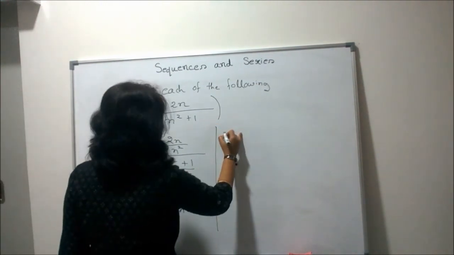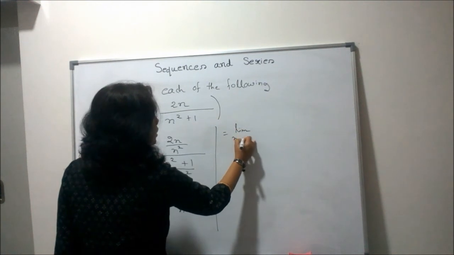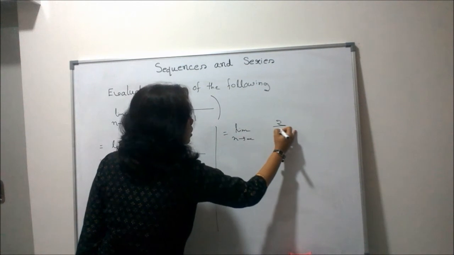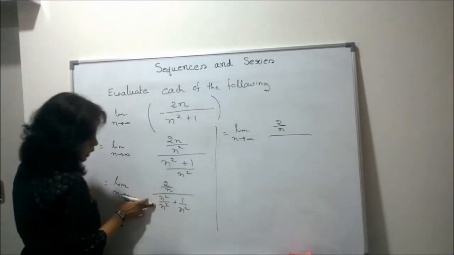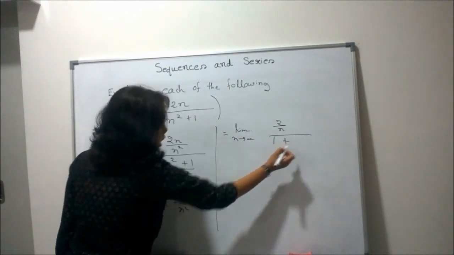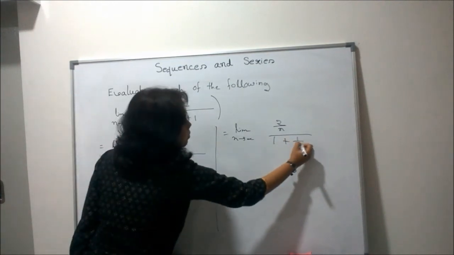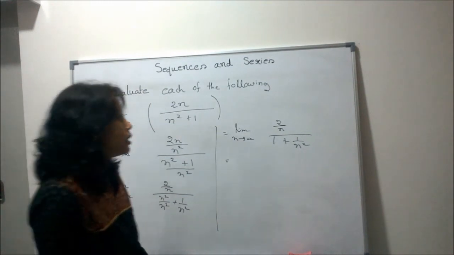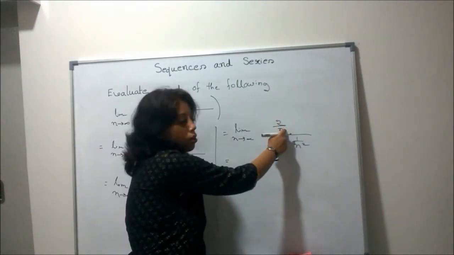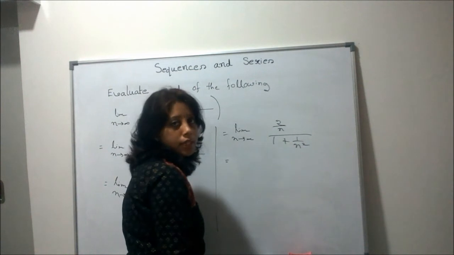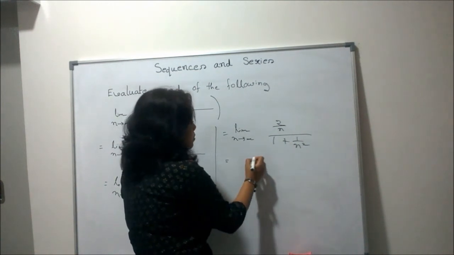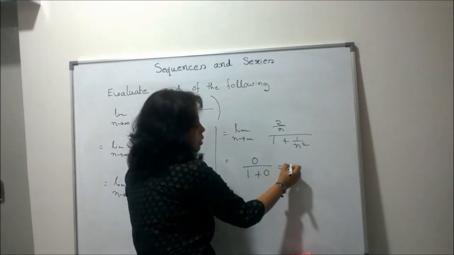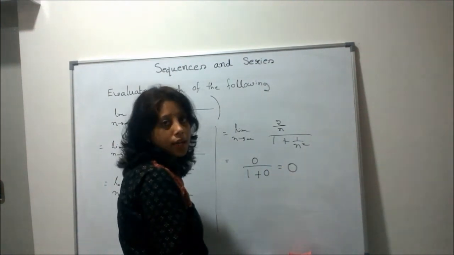So here, limit n tends to infinity, we get 2 by n, this part becomes 1 plus this part becomes 1 by n square. Now we know that limit n tends to infinity 2 by n is 0, and 1 by n square is also 0. So it becomes 0 by 1 plus 0. So this becomes 0. So the limit value is 0.